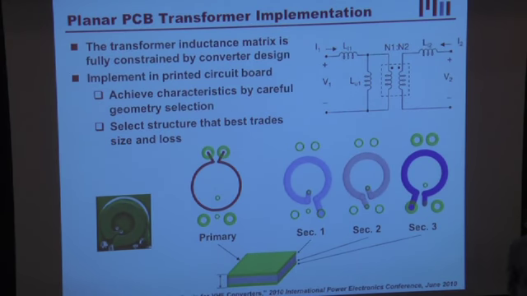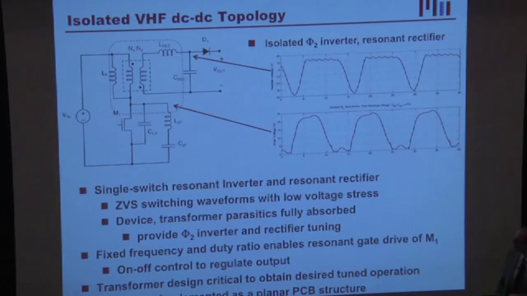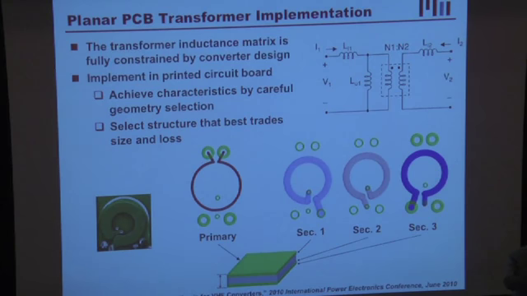The difference between this, however, and a conventional transformer is the fact that the inductance matrix of this structure is fully specified, by which I mean I'm using the resonance of these parasitic inductors with this network to get the performance I want that allows me to push up the frequency. Consequently, I have to have all the parasitics of this transformer very precisely controlled in order to turn up the frequency, okay? And consequently, that's a very different kind of design than one traditionally gets.